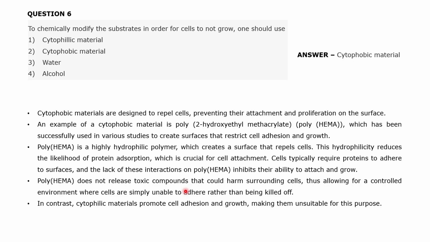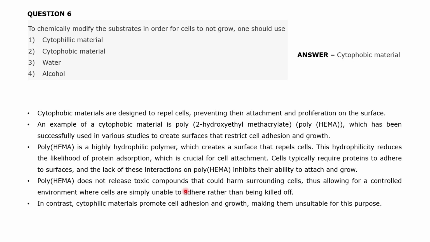So in that case, the dish that is present below the cantilever is coated with this particular cytophobic material. So only the cells will grow at the cantilever, not on the dish, because of the presence of the polyHEMA component. If it affects the cells, it might affect the whole system, right?